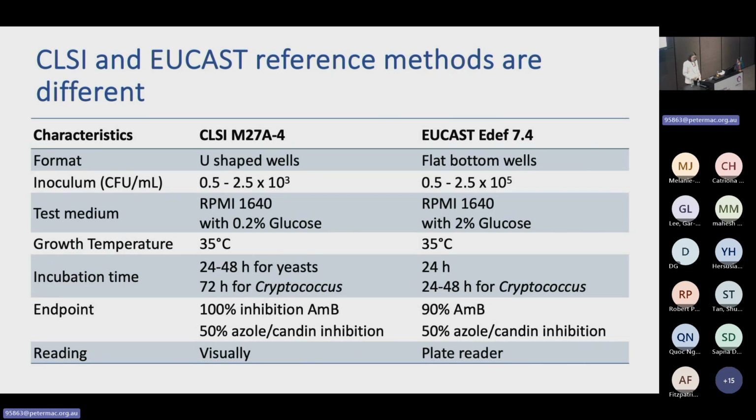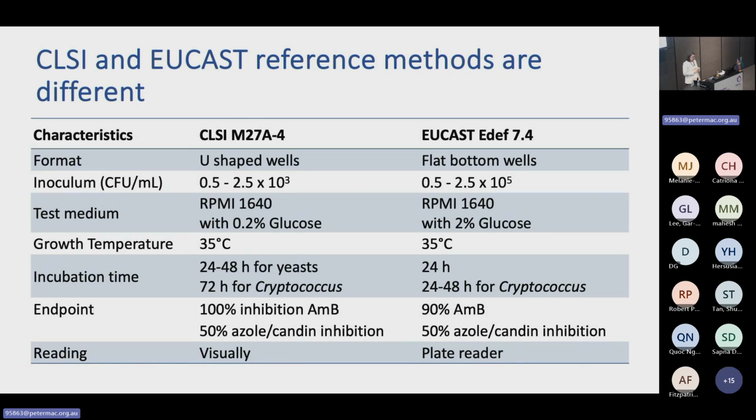The differences are in the shape of the wells in the microtiter trays, which may sound innocuous enough, but CLSI MICs are determined visually, while UCAST MICs are determined using a spectrophotometer, taking away that human element.